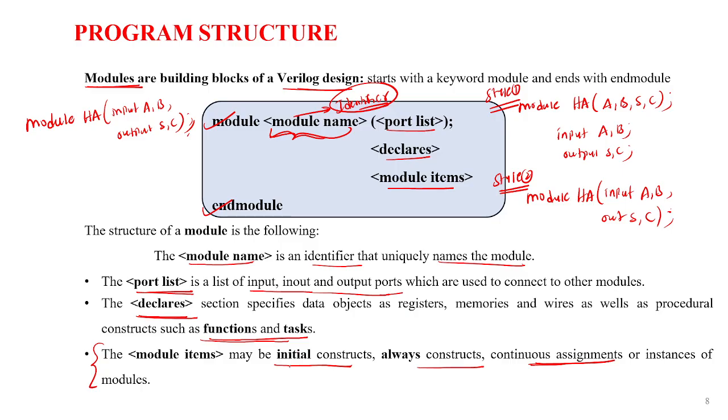If it is behavioral modeling, you use procedural blocks like initial or always, or if you are using dataflow modeling, you can use continuous assignment statements. Those are declared in the module items. This is my basic program structure.